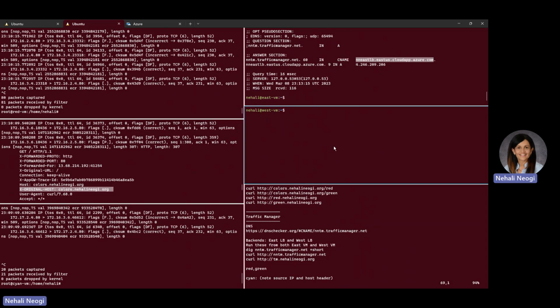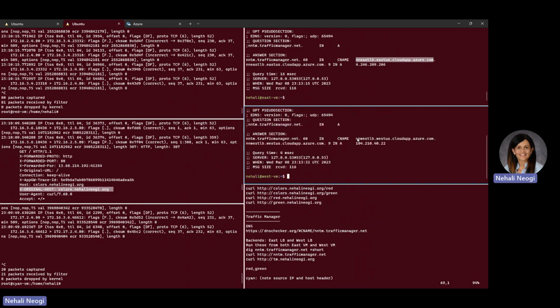On the West VM, if I run the same command, I will get the West LB. So depending on which part of the world you are, you will get different results. This is because traffic manager is not in the data path. It's giving you just the result of your DNS query.